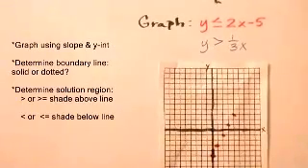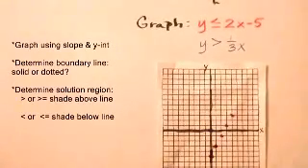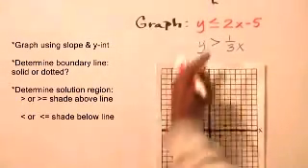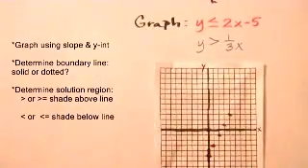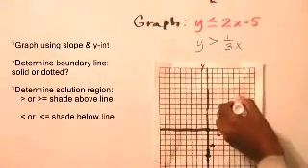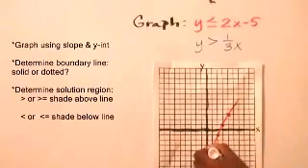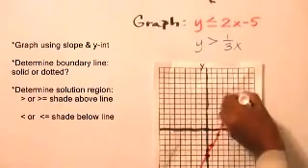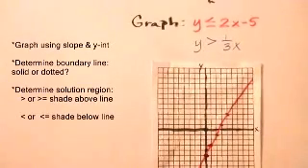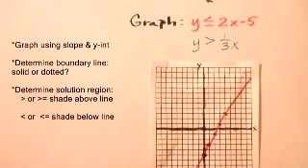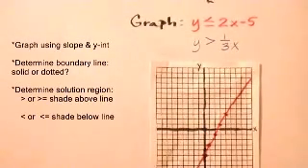Because it's less than or equal to, do we do solid or dotted? Remember, anytime you see the equal to sign, that's a hint that it's a solid line. Okay. Next, we're going to switch to our blue. What's the y-intercept on the blue one?